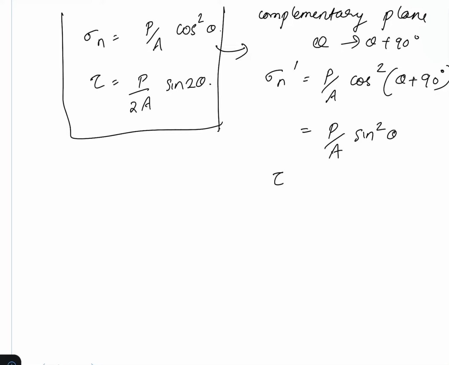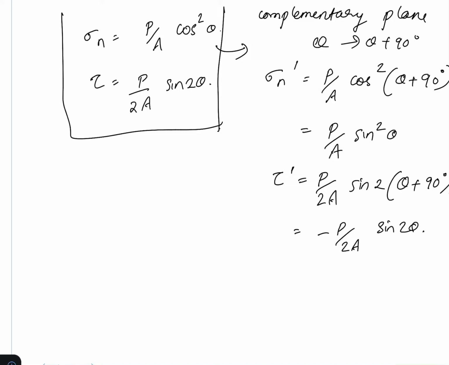And we have tau dash, that is the shear stress on the complementary plane, as p by 2a sine 2 of theta plus 90 degrees. So that will become minus p by 2a sine 2 theta.